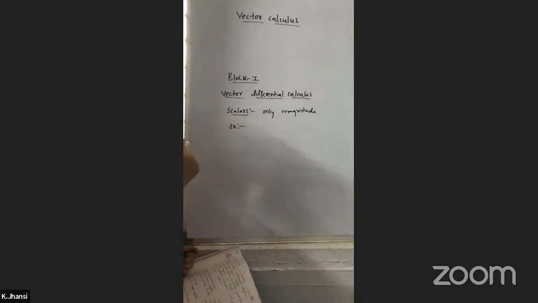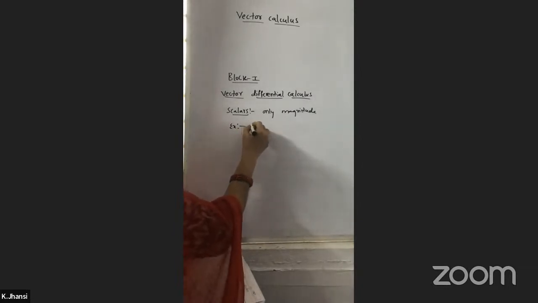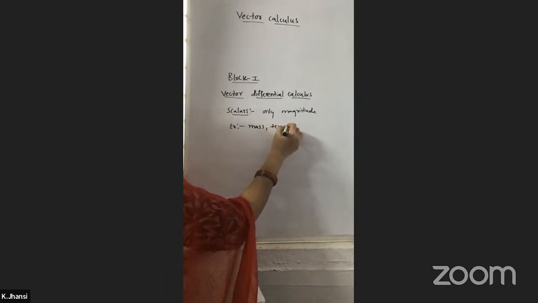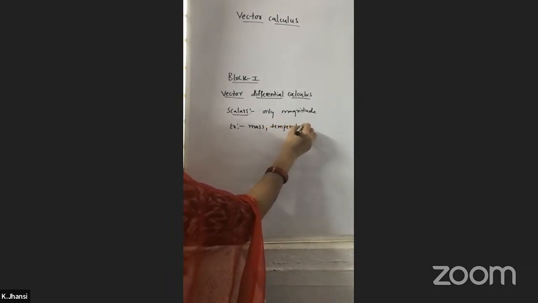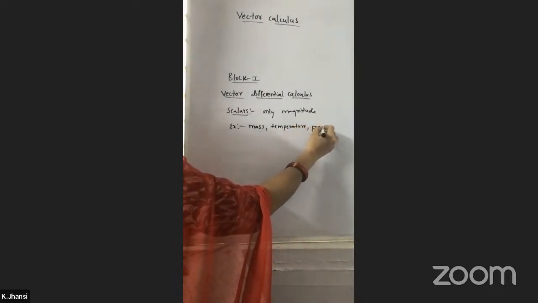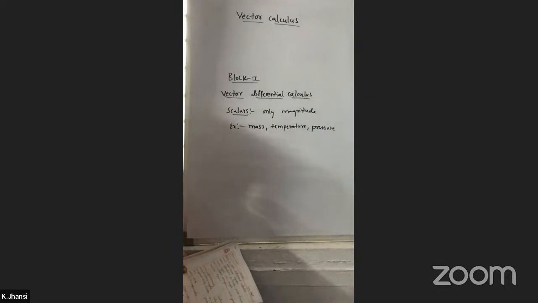So you can write the definition as: a physical quantity which has only magnitude is called a scalar. For example, mass, temperature, and pressure. Temperature we write as 30 degrees Celsius or something, but we will not mention any direction, east or west.